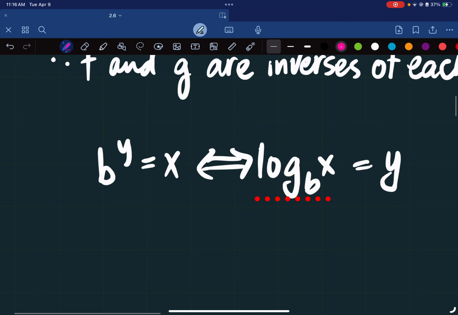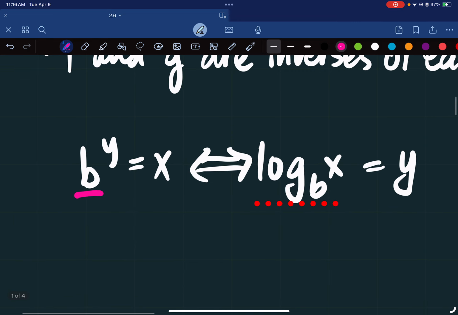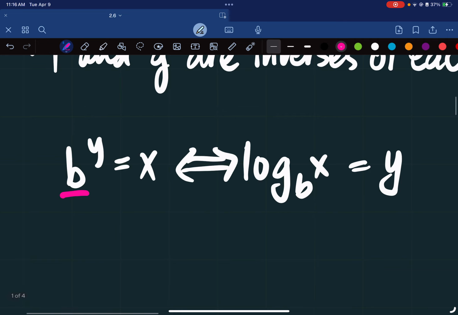Looking at these two equations, what happens to b? Initially, b is the base of your exponent, but now it becomes the base of your logarithm.